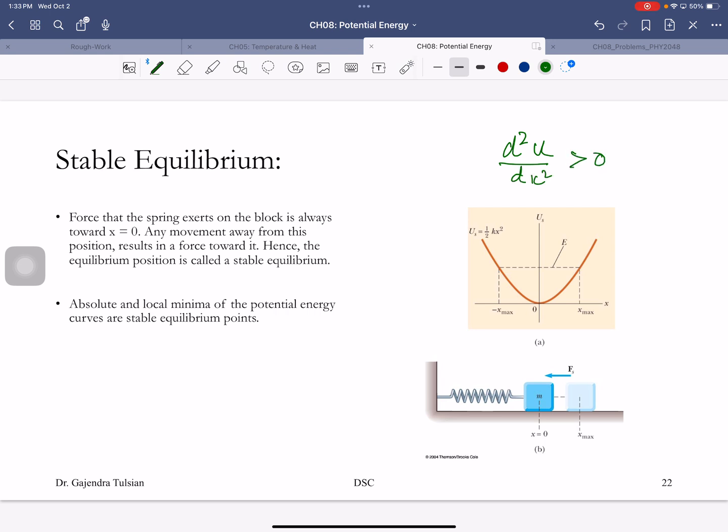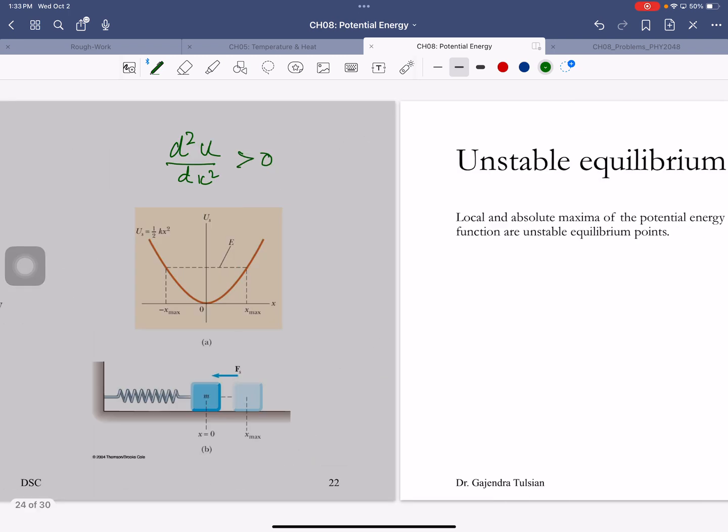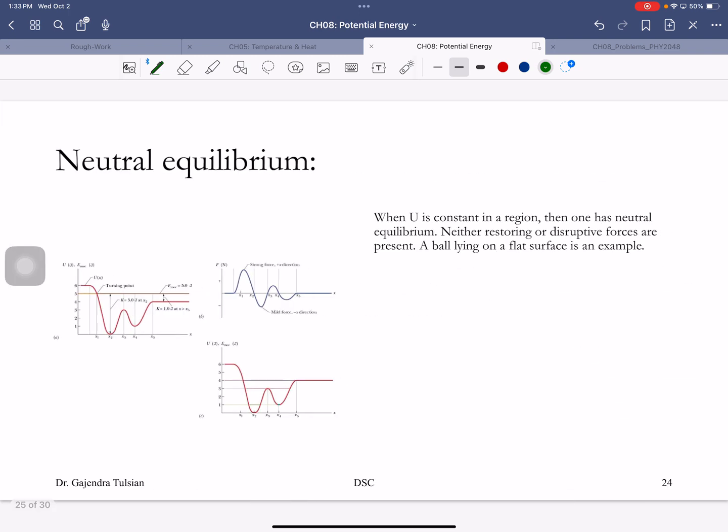The curvature is upward. What was the third equilibrium state, where when it moved, it just stayed there? Neutral equilibrium position. See this thing? This thing is a neutral equilibrium position.